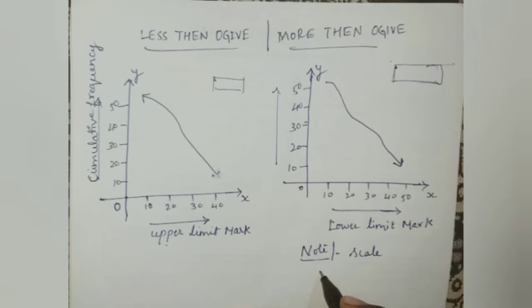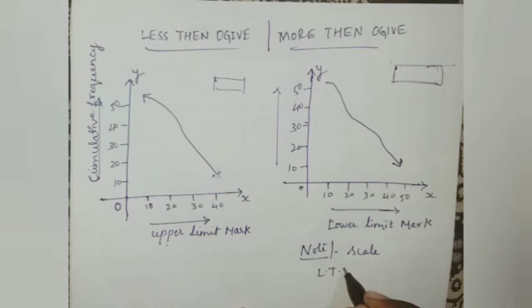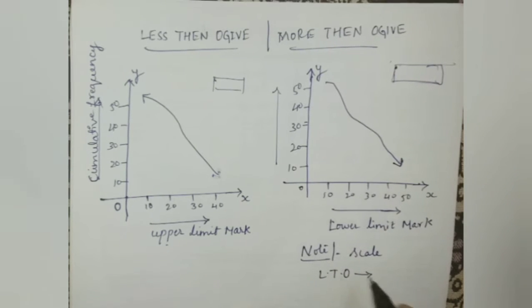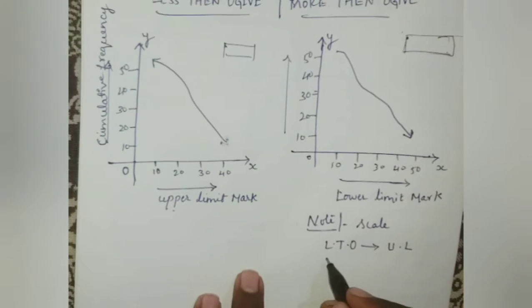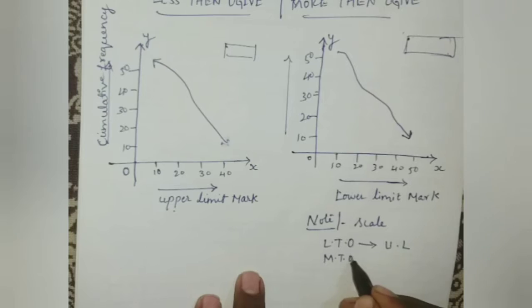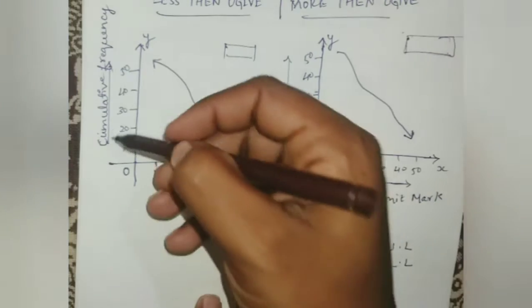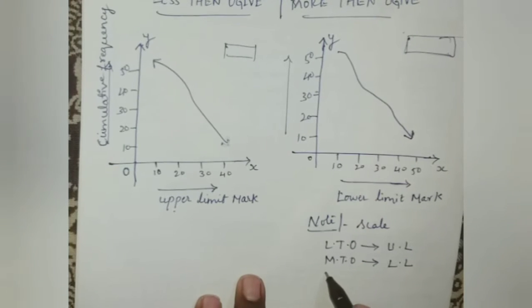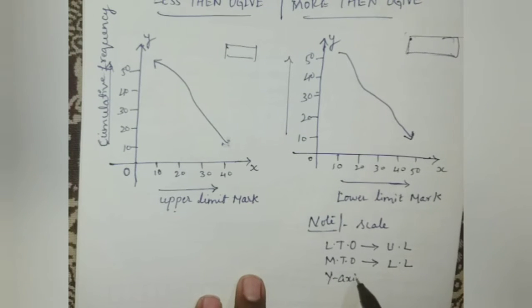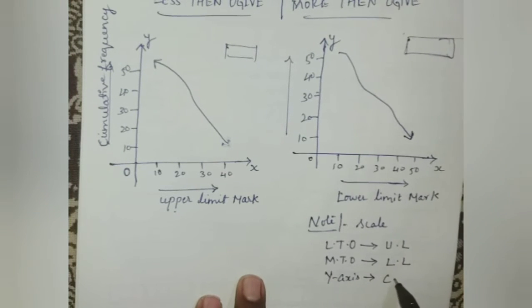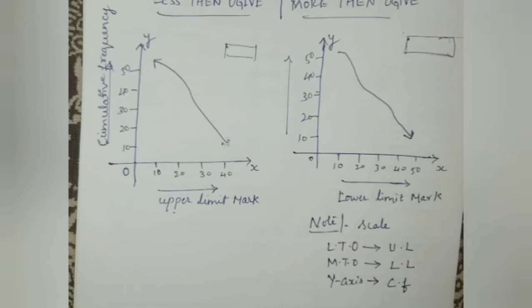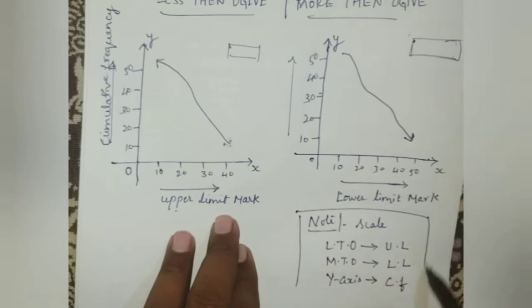Second, for the less than graph, you will consider the upper limit. For the more than graph, you will consider the lower limit. And along the y-axis, we will consider cumulative frequency. So this is very important.